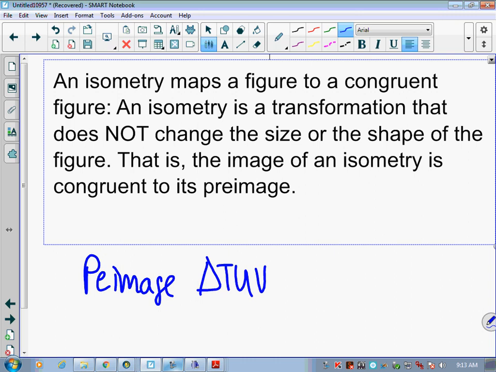Now, if we're talking about an image of TUV, you'll notice something different about the labeling of it. Is there anything missing from the labeling of image triangle TUV?